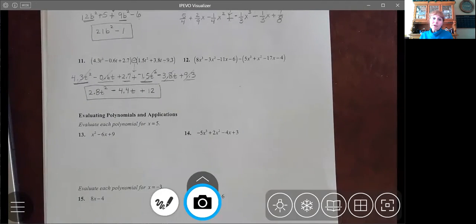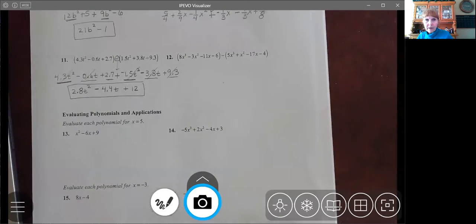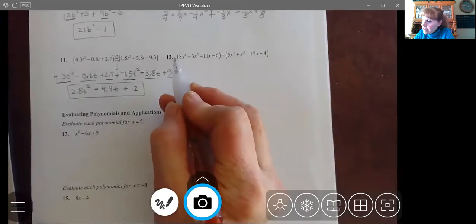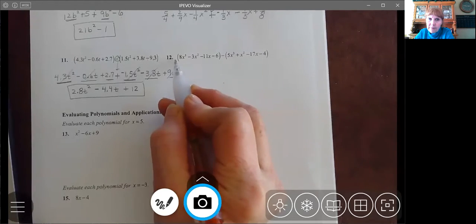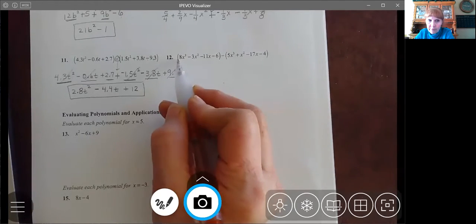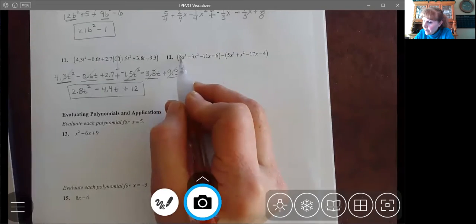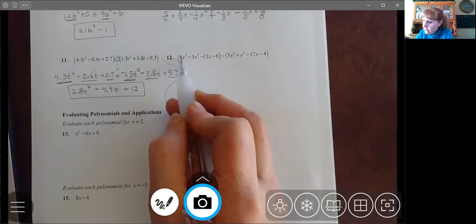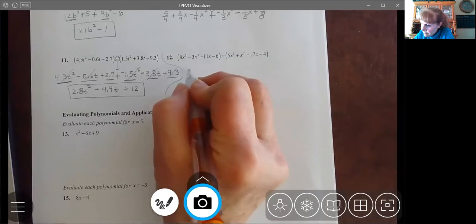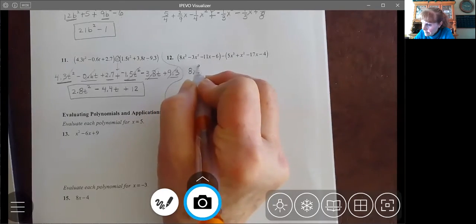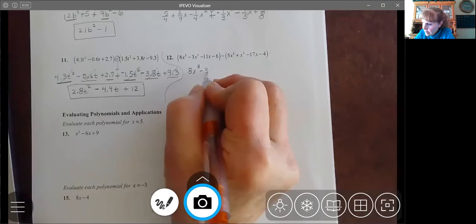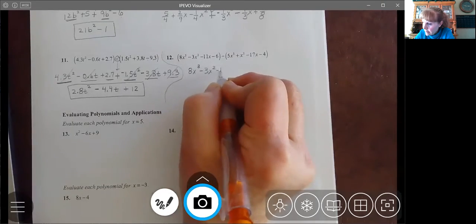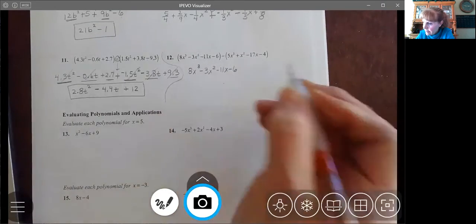All right, let's do another subtraction, okay? Let's just practice one more. Here there's nothing in front of this parentheses, and we will put something there in the next section. But for right now, I'm going to draw this little line so we don't mix up. So here we've got 8x cubed minus 3x squared minus 11x minus 6.